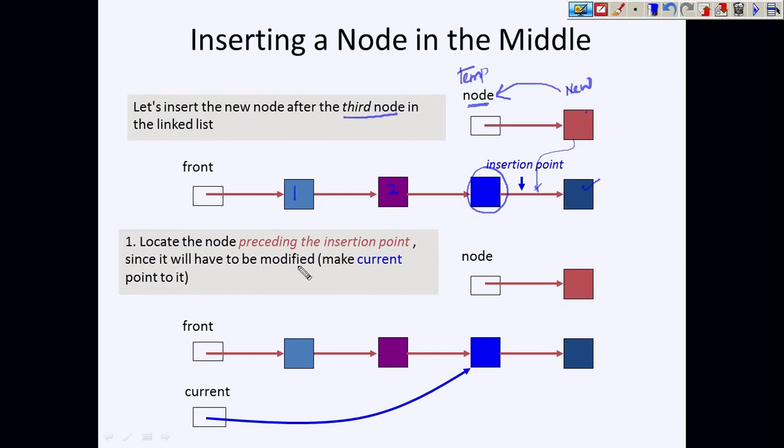So the very first thing is you need to reach this position, applying the same logic of current. Initially current is this, then this, then this. You have to reach this position, meaning your current must point to this node. This we have already seen, and then we have to insert a node. Let us see how we can write the algorithm for this particular scenario.